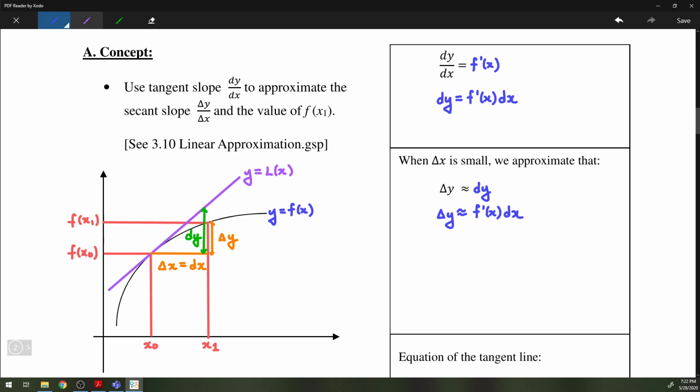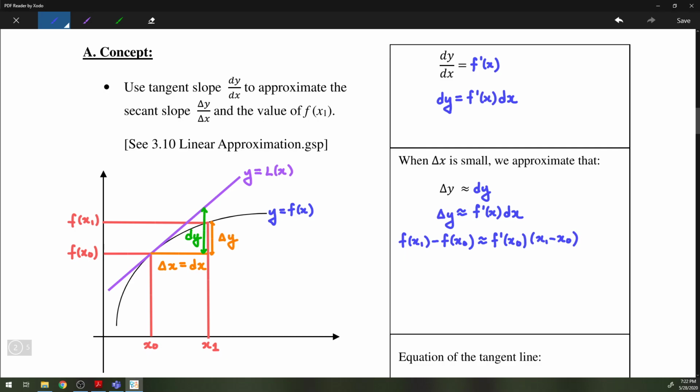Delta y will be f of x1 minus f of x naught, and that will be approximately equal to f prime of x naught, which is where the tangent line originates from, times x1 minus x naught.